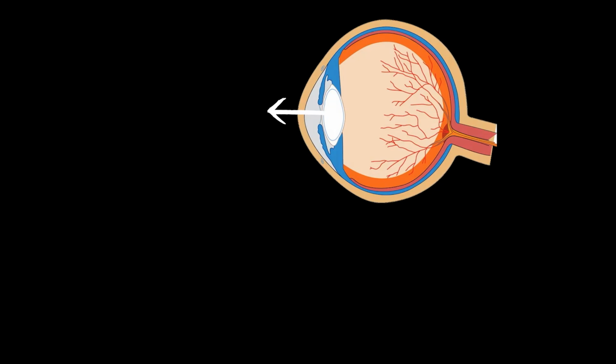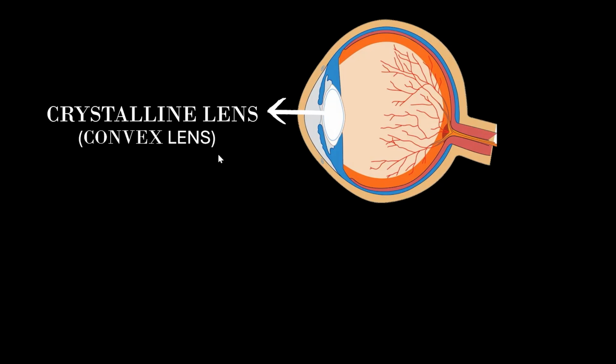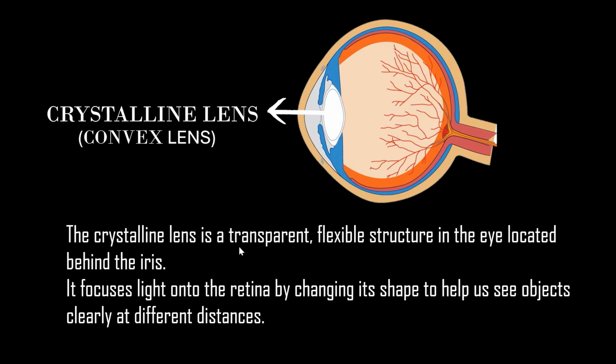Okay. The next part of the eye is the crystalline lens, and you should remember that the crystalline lens is always a convex lens. So what is the crystalline lens? The crystalline lens is a transparent, flexible structure in the eye located behind the iris.